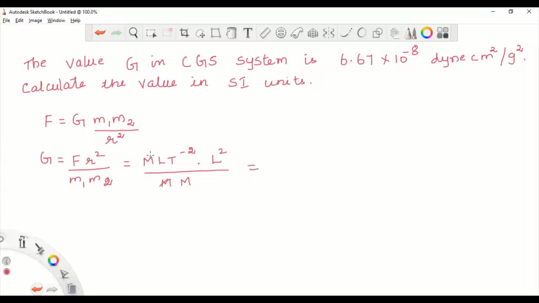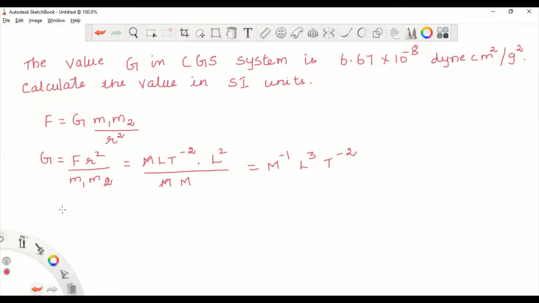One M and M get cancelled, so you will have M in the denominator. In the numerator, M power 1, then L power 3, because here you have L and here L power 2, and T power minus 2. This is the dimensional formula.